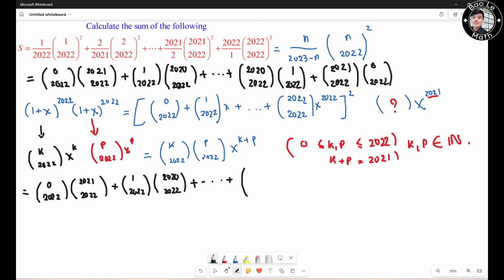If k equals 2020, p must equal 1. And the last one, k equals 2021 and p equals 0.